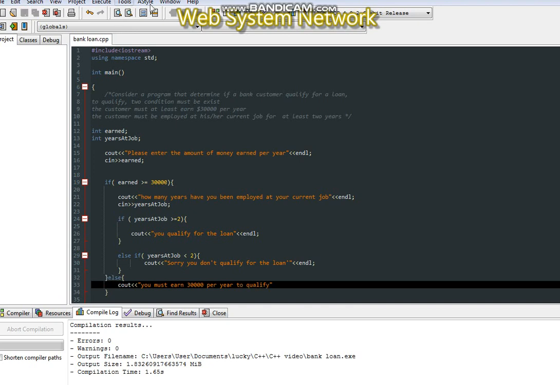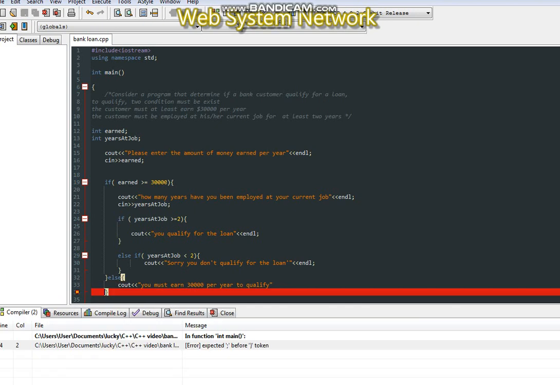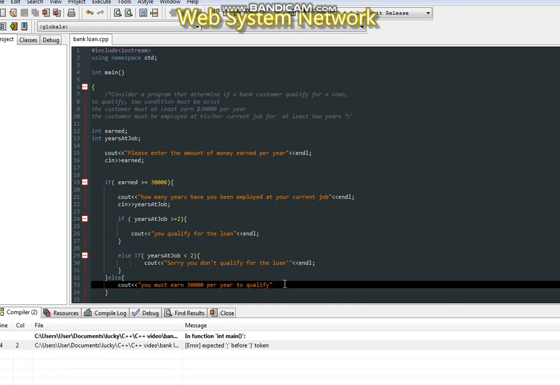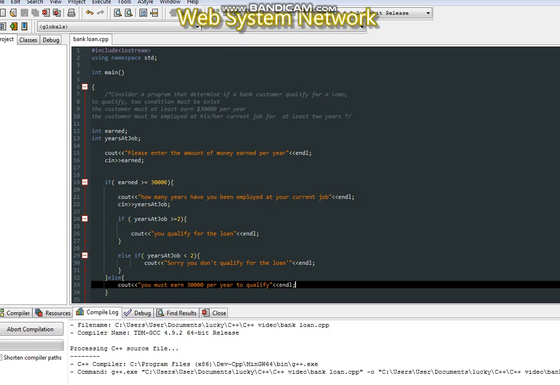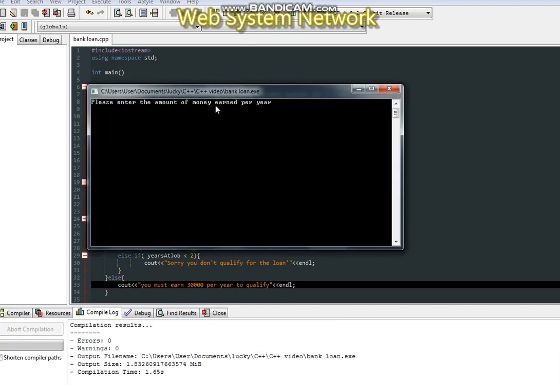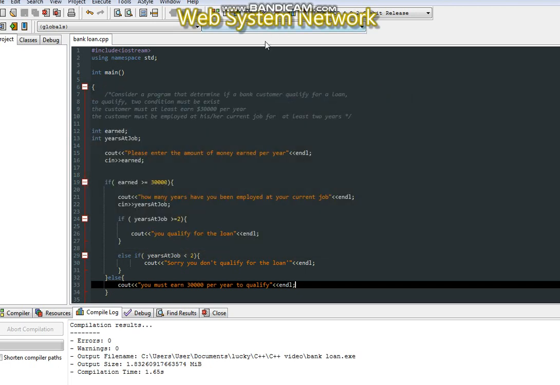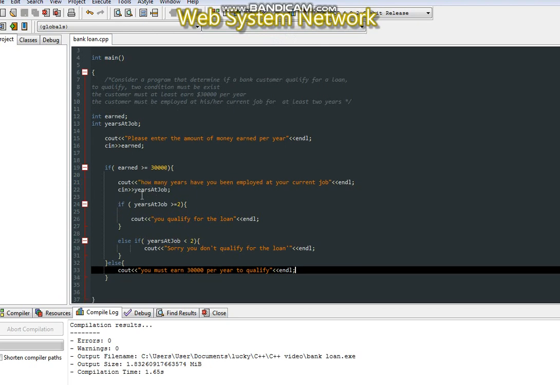Now let's save that and run it again. Oh, I did not terminate, guys, please take note of that. Let's say 29,000 again. Whoa, so you must earn at least 30,000 per year to qualify. Now that is how a nested if statement works.